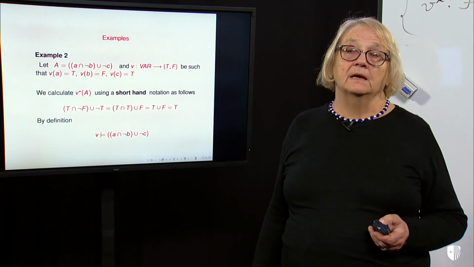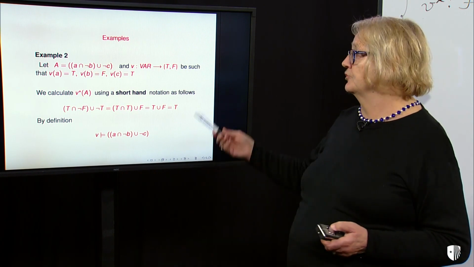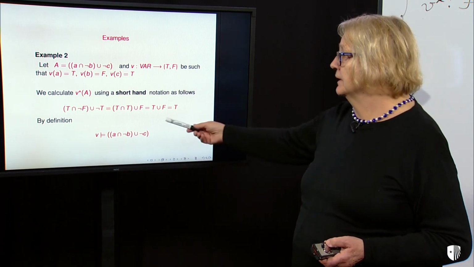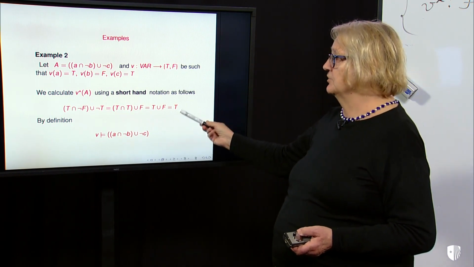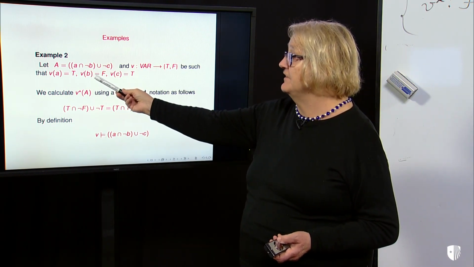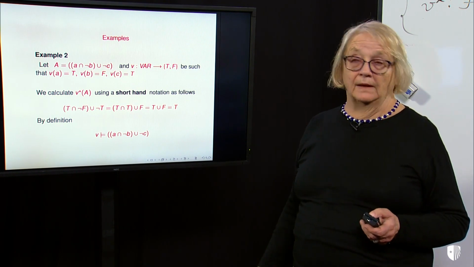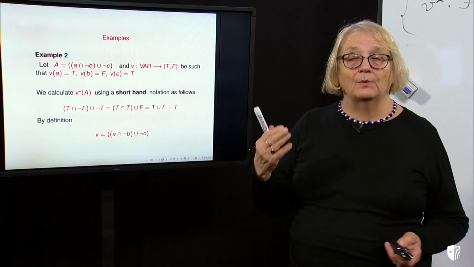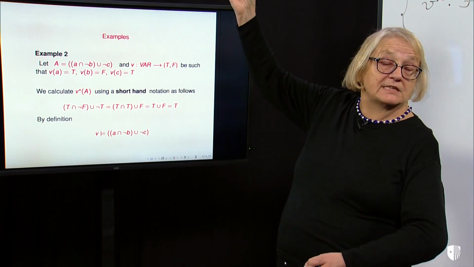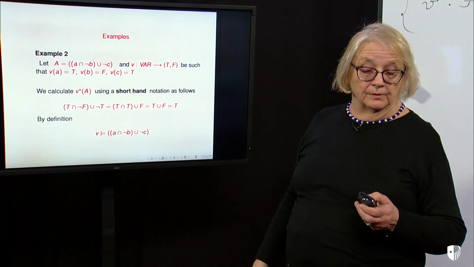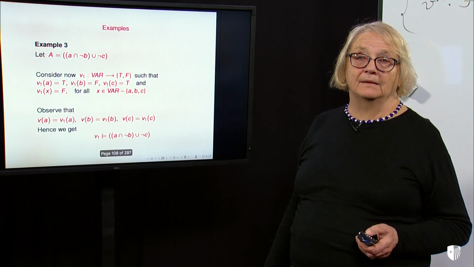And also, if I say that you can use shorthand notation, here you have T, F, F, and then you evaluate the shorthand notation to show that V satisfies that formula. And again, this is not only one V. This is V defined only on those variables, and you can extend it in infinitely many ways.